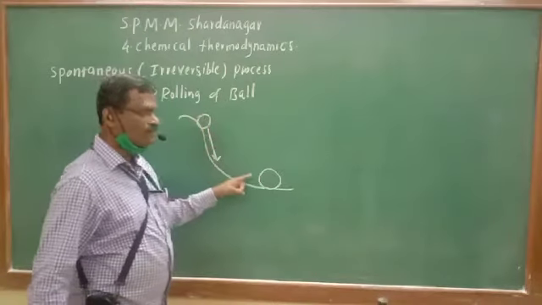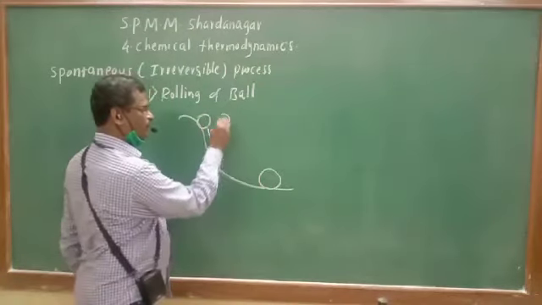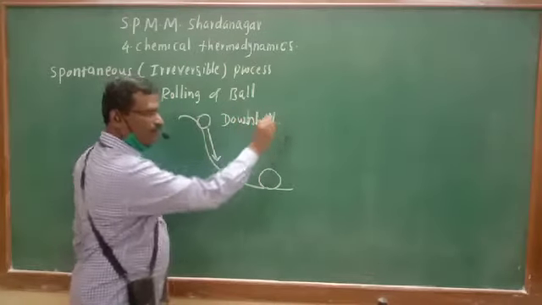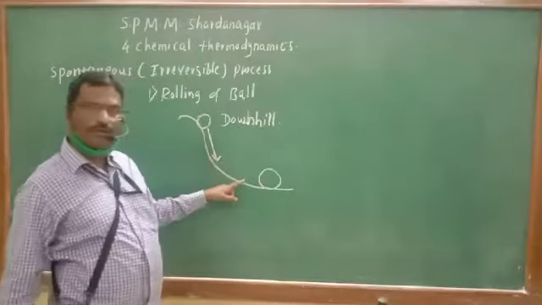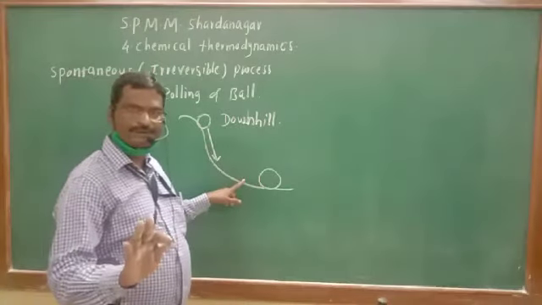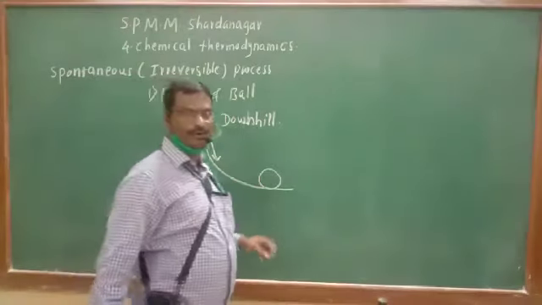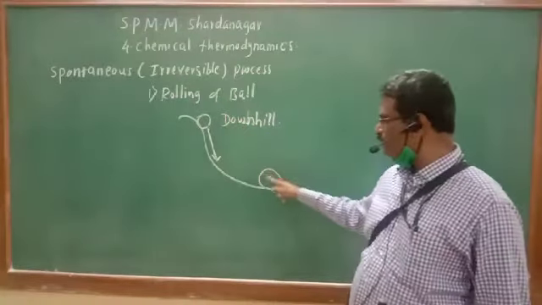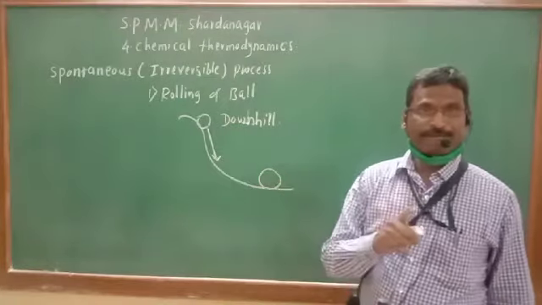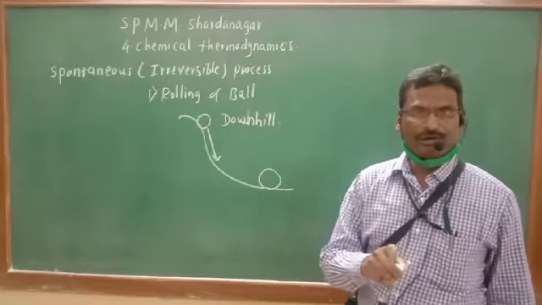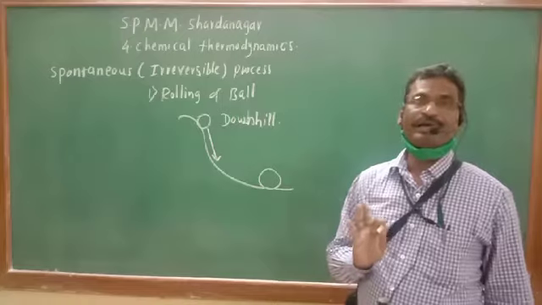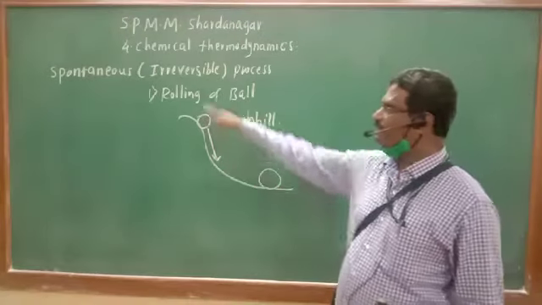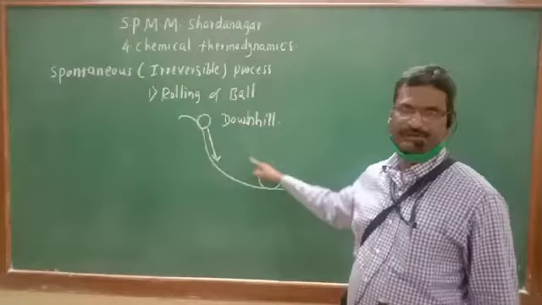This is the downhill rolling of the ball. Downhill rolling of the ball from higher level to lower level takes place on its own accord without taking the help of external energy, external agency, and that is known as a spontaneous process.